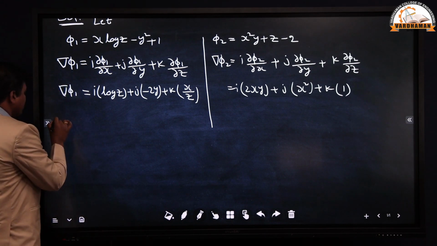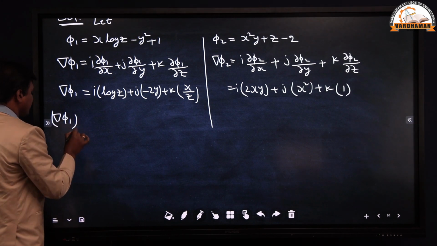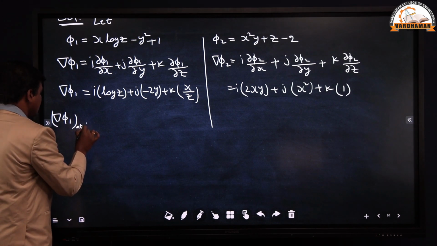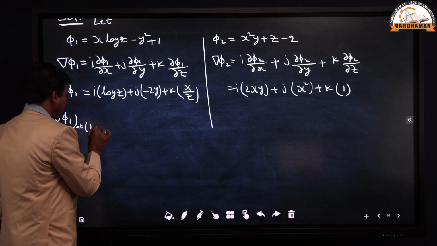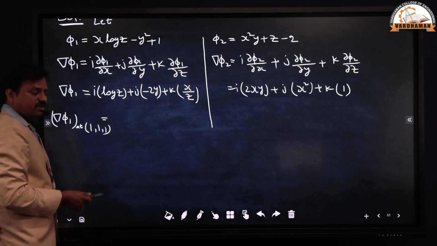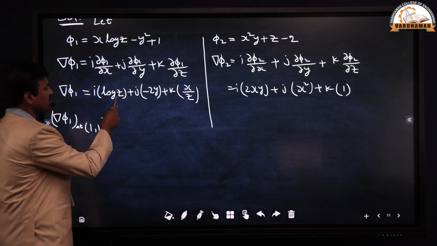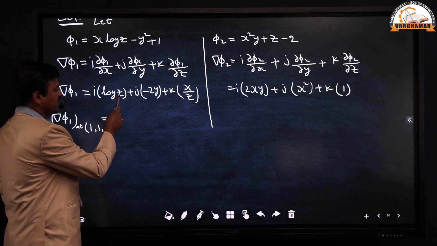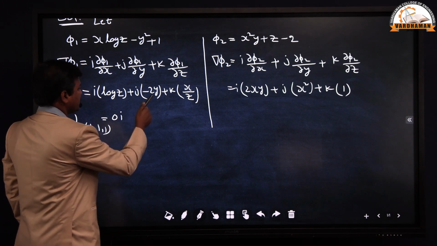Now we have to find del pi 1 at the point 1, 1, 1. This equal to, substitute x equal to 1, y equal to 1 and z equal to 1. So first z equal to 1. Log 1 is 0, 0i. Next y equal to 1.